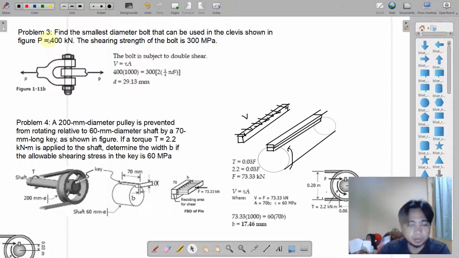So for the third problem, we have here a connection. These two members are connected by a bolt.